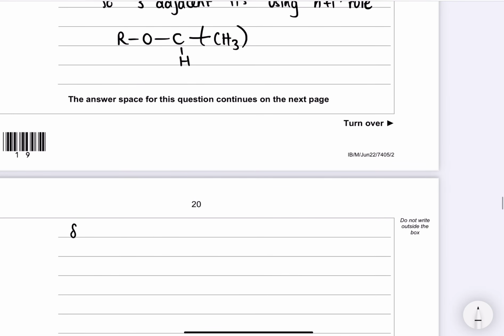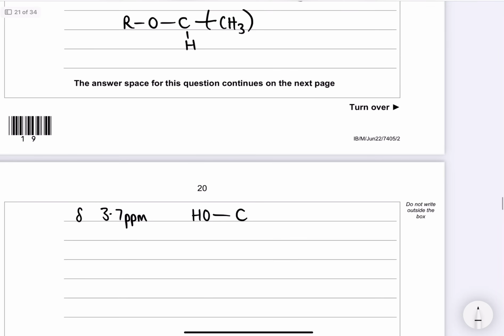Then we had our next peak at 3.7 ppm, and we decided that because we couldn't have an ester, this was going to be our alcohol carbon like that. It was our ROH. It was a singlet, integration 1.